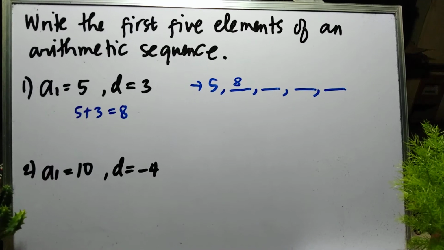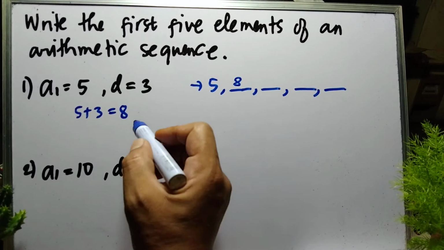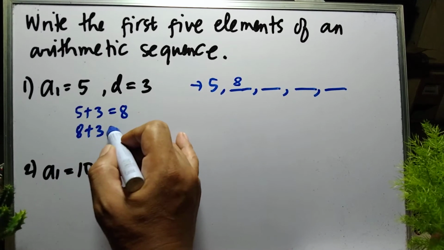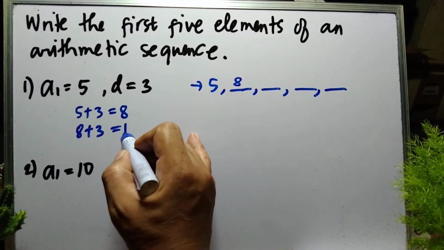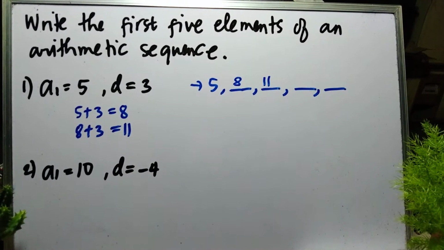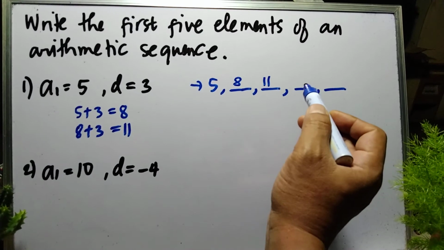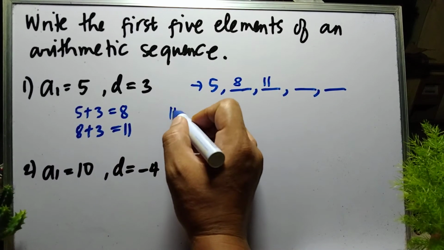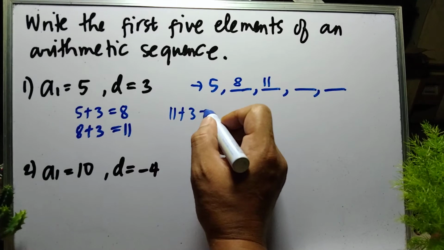Okay? So, how to obtain your third element? Okay, since your second element is 8, still you need to add 3. And that is 8 plus 3, you have 11. So, that would be your third element. Okay? So, we have now 3 elements, two more. Okay? To obtain the fourth element here, since your third element is 11, you still need to add 3.